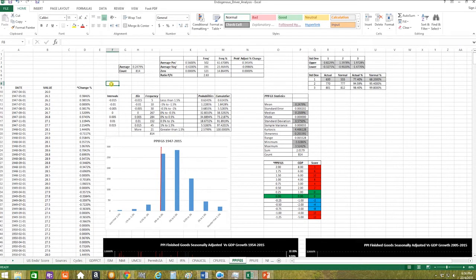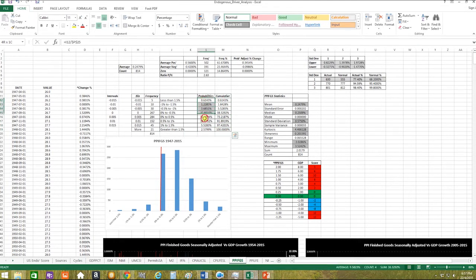We then crunch the numbers. We have over here our stats when analyzing within these parameters. So we have our frequencies as usual, so the amount of occurrences that happen in each area. We have our labels, we have our probabilities, and we have our cumulative probability.